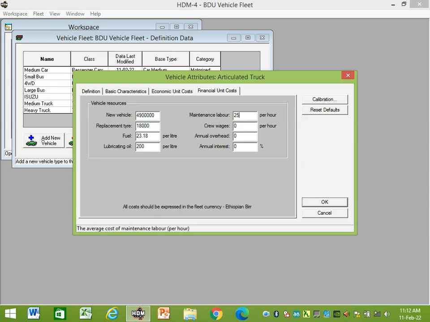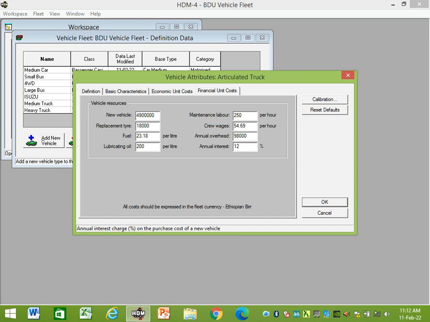Maintenance labor 250 financial. Crew wages 54.69. Overhead 98,000. Annual interest rate 12%.